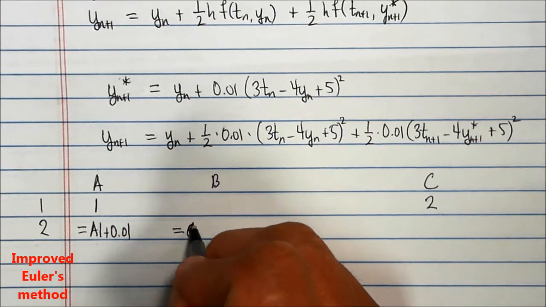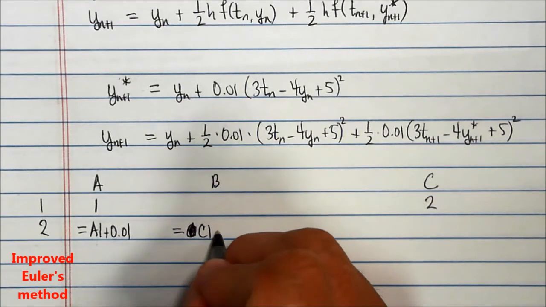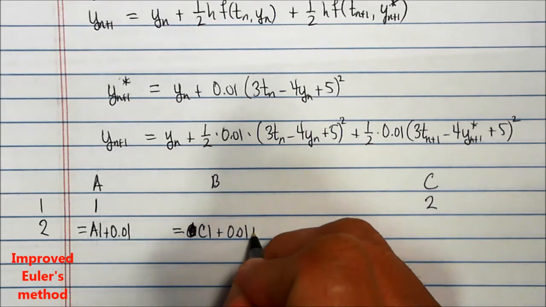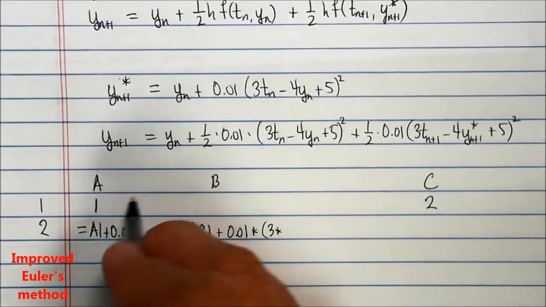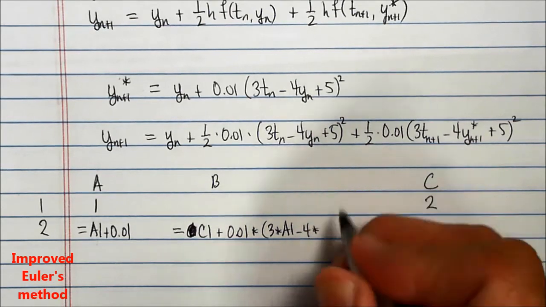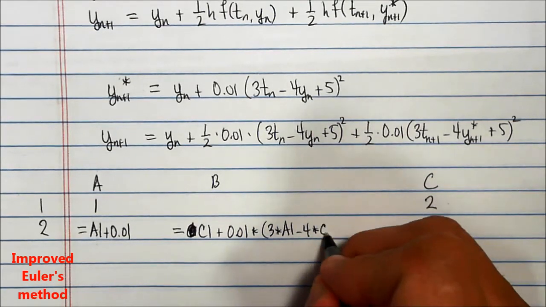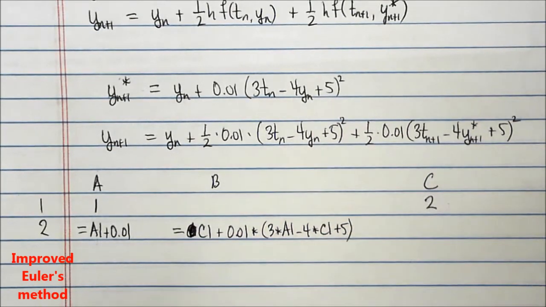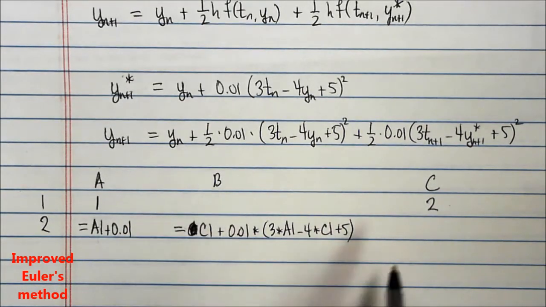So it's going to be the previous y value, C1, plus 0.01 times 3 times the previous t value minus 4 times the previous y value plus 5. And so that would be Euler's method.